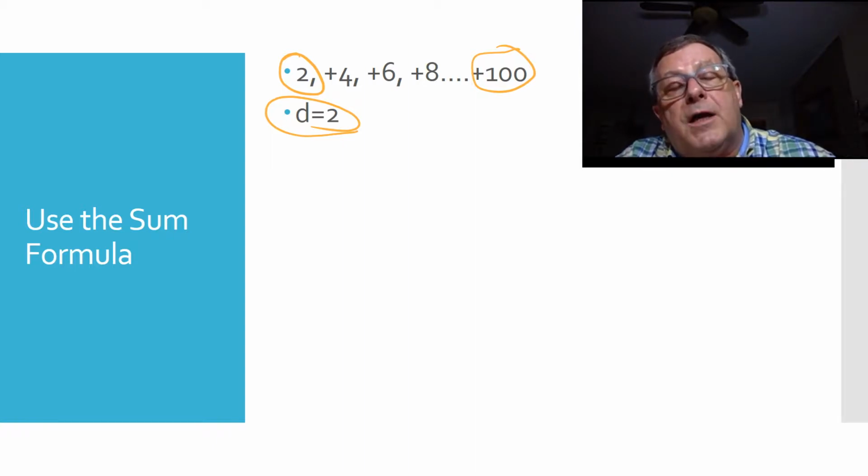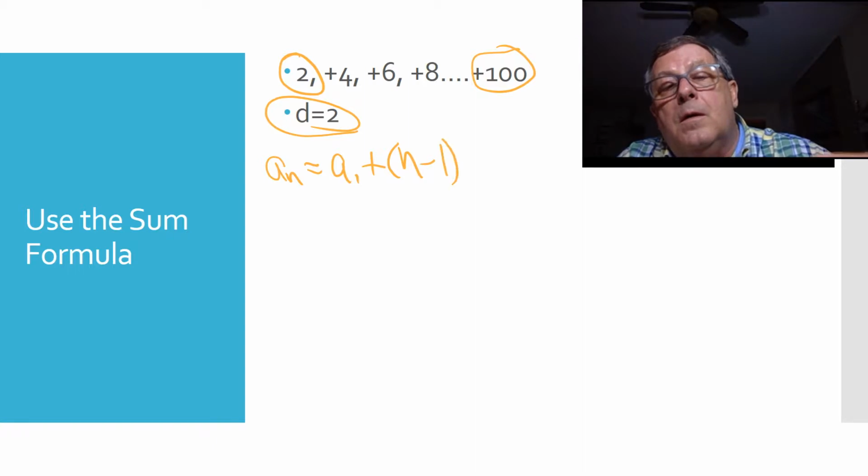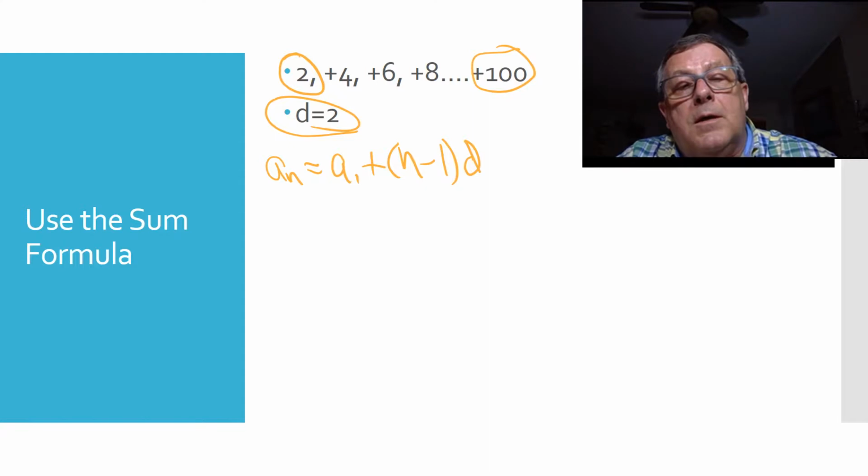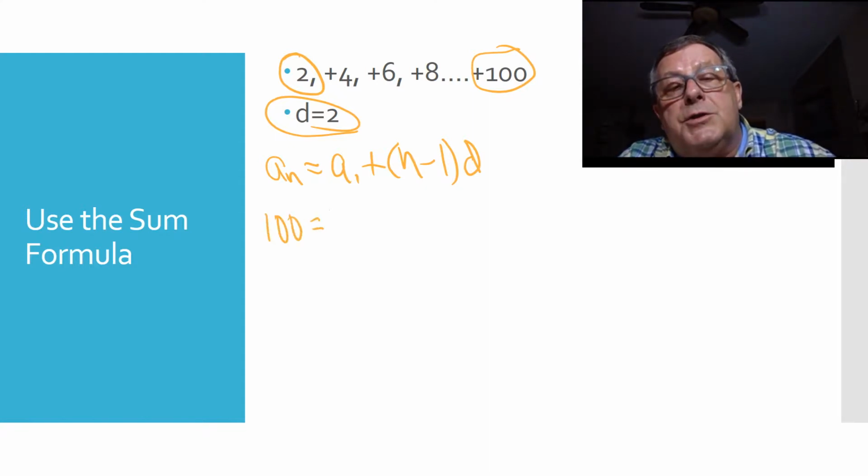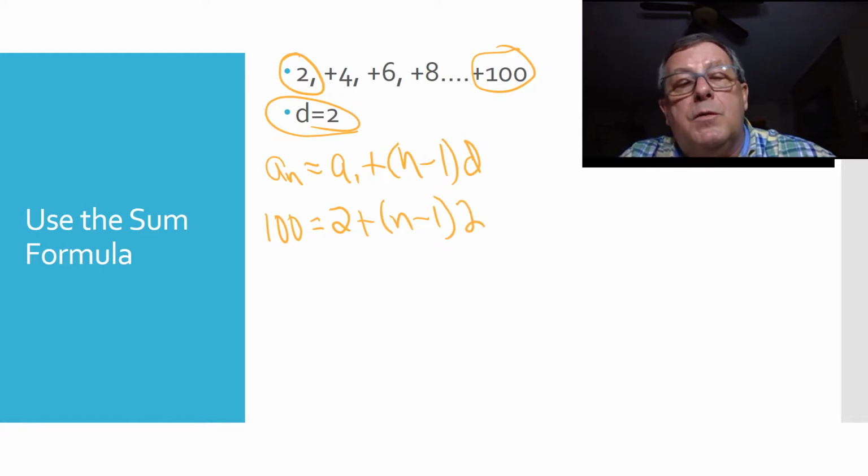So let's go. First thing I'm going to do is use my find the nth term formula, which is, of course, an equals a1 plus n minus 1 times d. I'm going to plug and chug what I know. An is 100. A1 is 2, plus n minus 1 times the common difference, which is 2.